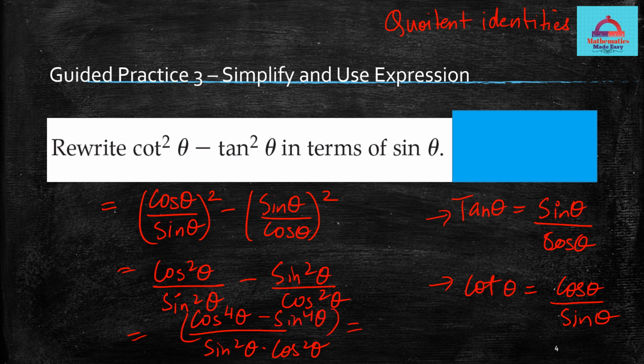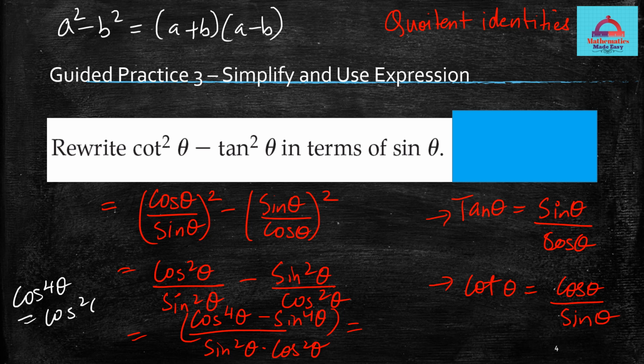Now I can use a little bit of algebra. The identity I will be using is difference of squares, where a square minus b square will be a plus b, a minus b. So I will be writing this cos 4 theta as cos square theta whole square, and this sine 4 theta also as sine square theta whole square.